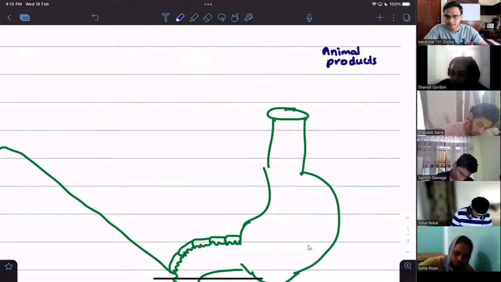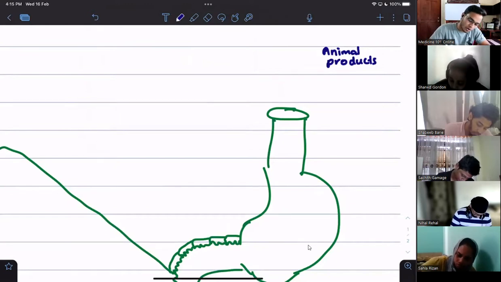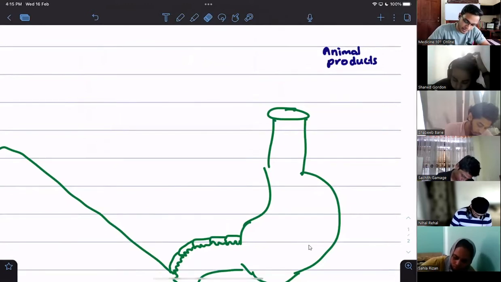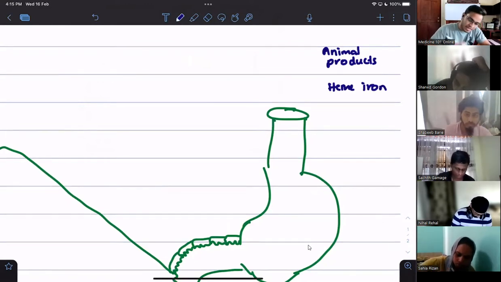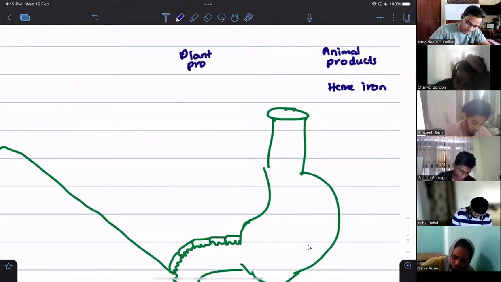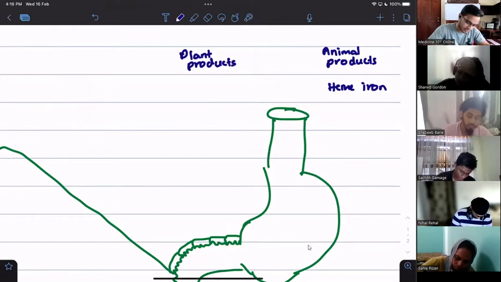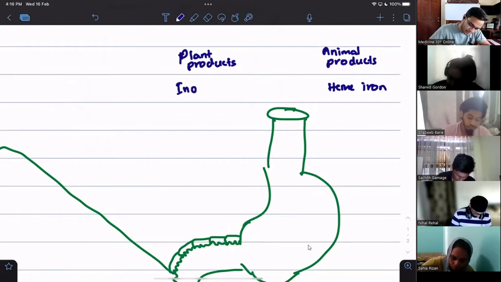This is what we call heme iron. And then we have iron coming from our plant products, fruits, vegetables, anything non-meat, basically. This is what we call inorganic iron.